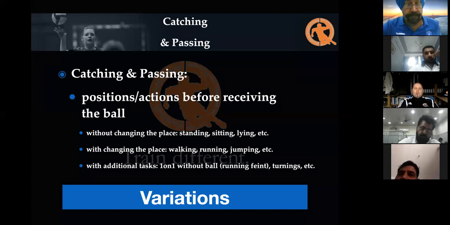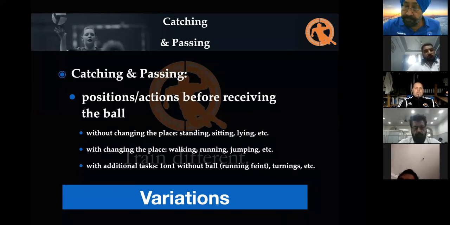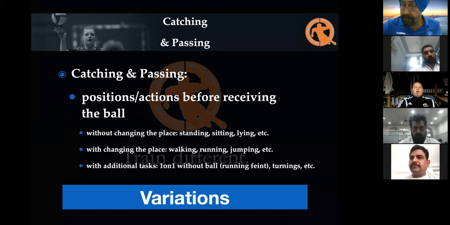So like a 1-1-1 without ball, like some turning elements, like some elements of surprise. You will see those elements immediately in our practical session. And with these elements, you make it even more demanding. So it depends on the first step, what positions and what actions the players do before they receive the ball.